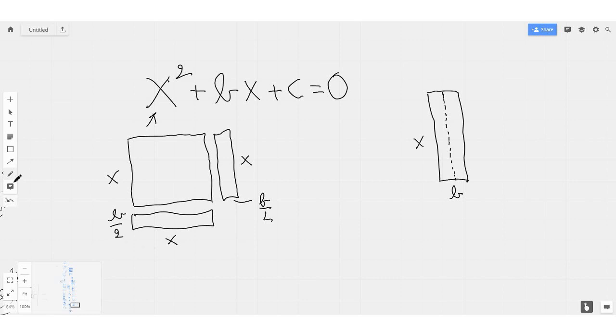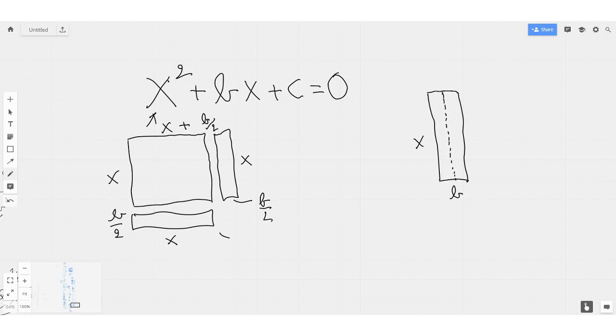So as you can see, if we put this square and the two rectangles together, we almost have a square with the size of x plus b over 2. But we are missing something.